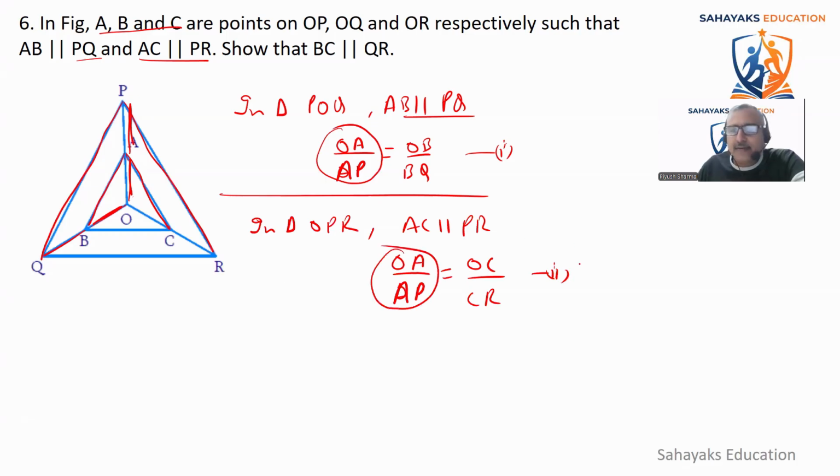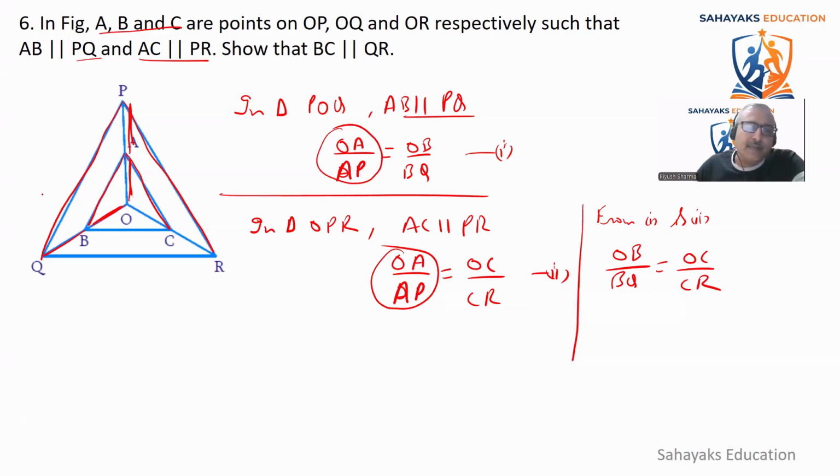So from these two equations, I can say that OB divided by BQ is equal to OC divided by CR.